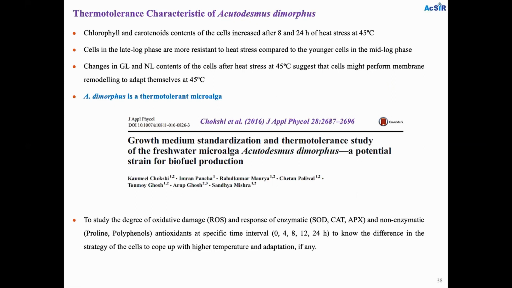As we had found that this strain is very interesting in giving a response at 45 degrees centigrade, we next designed an experiment in which we again exposed the cells at 45 and 50 degrees centigrade, but this time we monitored the level of oxidative damage through ROS, as well as the response of enzymatic and non-enzymatic antioxidants at different time intervals, like 0, 4, 8, 12, and 24 hours, to know the exact difference in the strategy of the cells at high temperature between 45 degrees centigrade and 50 degrees centigrade.